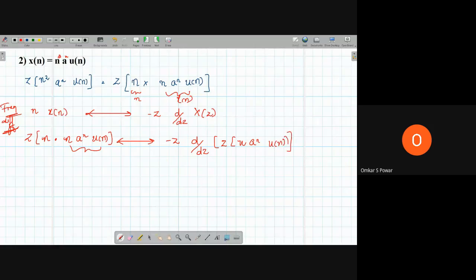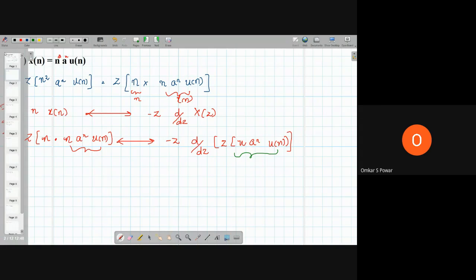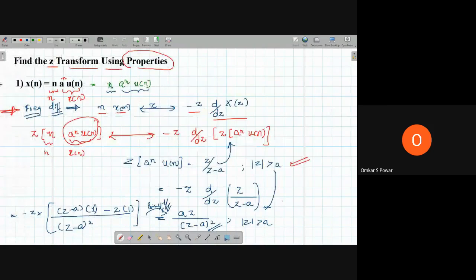Now from the previous problem we know z transform of n a power of n u of n. So we'll go to the previous problem. What's the question here? x of n is equal to n a power of n u of n. What's the answer we have got?